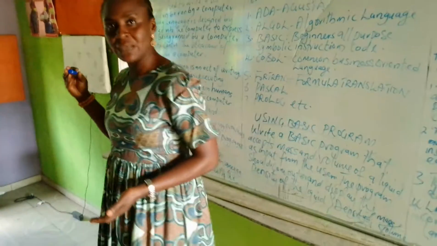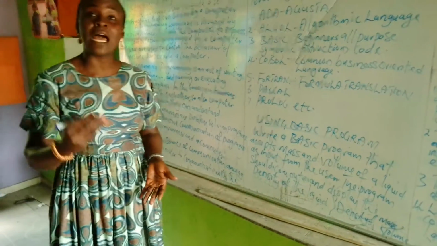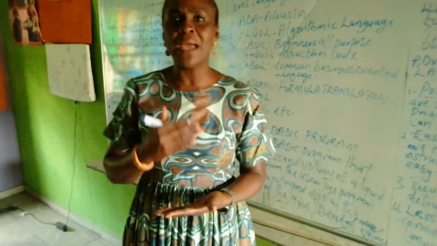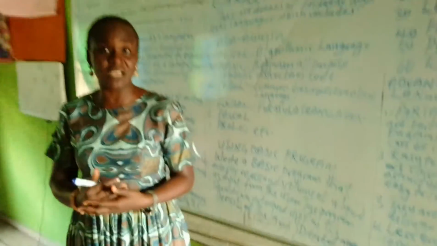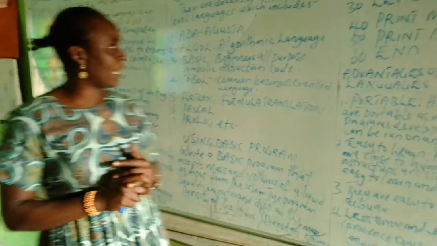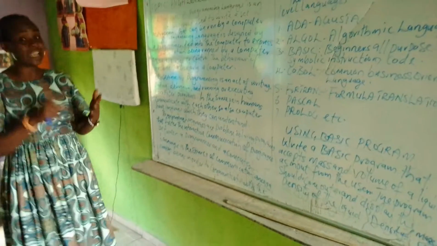Let's take our mind back to SS1. When we were in SS1, we were taught language translators. And we learned about the types of translators. You have the interpreter, you have the compiler, and you have the assembler.